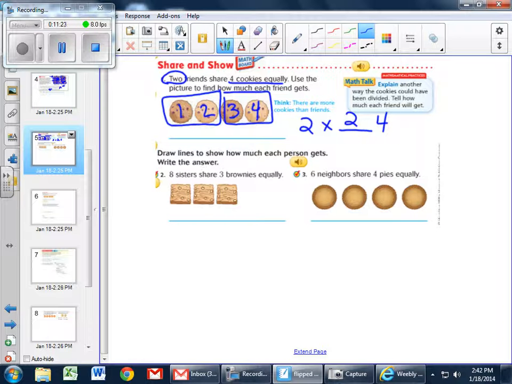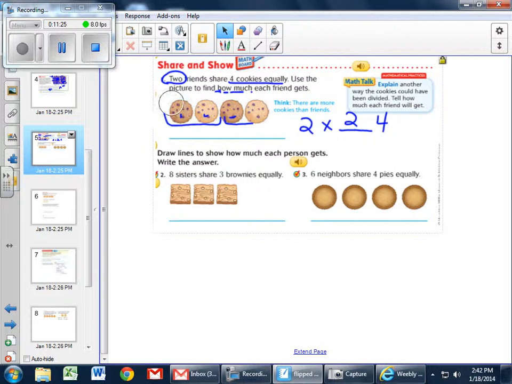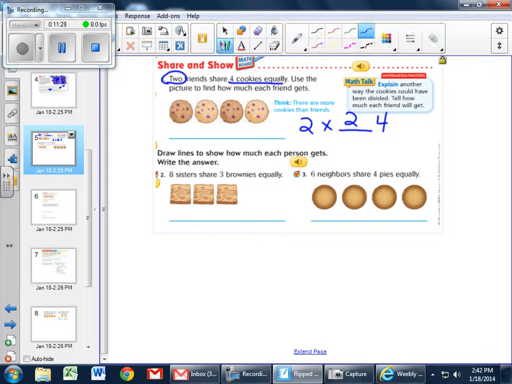Okay, you could also look at this by dividing each cookie into 2 pieces for each friend. And then each person is going to get, here's friend 1, here's friend 2, here's friend 1, here's friend 2, and so on.